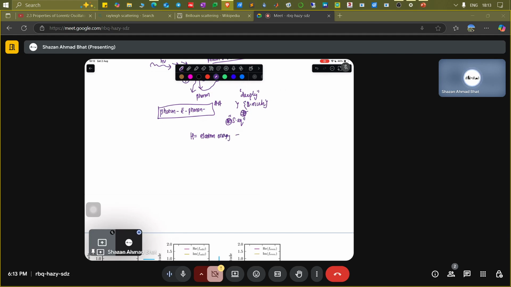It has to consider the electron photon interaction. It has to consider the electron phonon interaction. It has to consider the phonon's energy. And then there may be other decaying processes, let's say the phonon phonon interaction. There can be even electron electron interaction. Then there are other such processes.